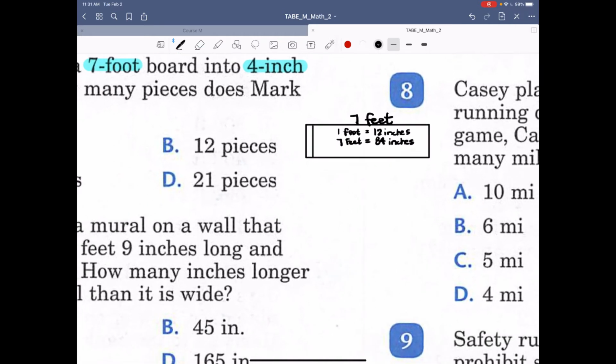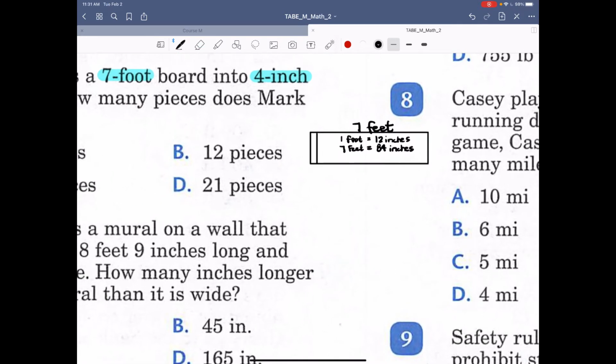So make the conversion from feet to inches. And then do the division. Then 84 inches divided by 4 inches. You always want these 2 units to be the same. Inches divided by inches. So 84 divided by 4 is 21 pieces.